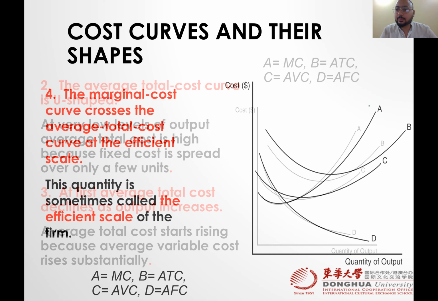This is MC, this is ATC. So this is the property of MC: it always cuts or intersects the average total cost at its minimum. This is the bottom of the U-shaped curve, which we call the efficient scale, right?